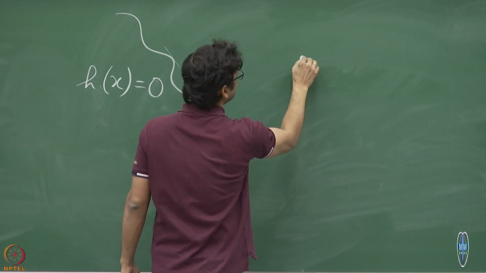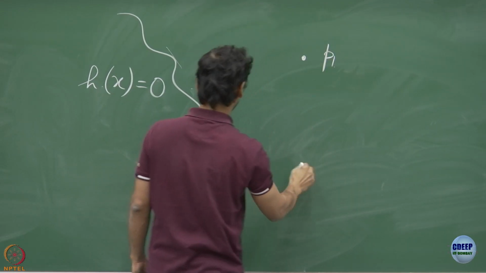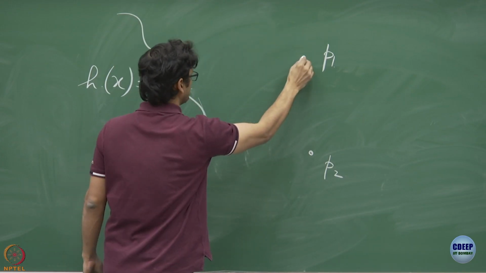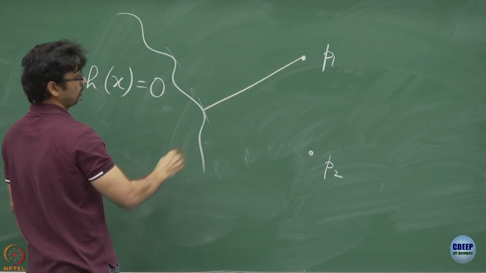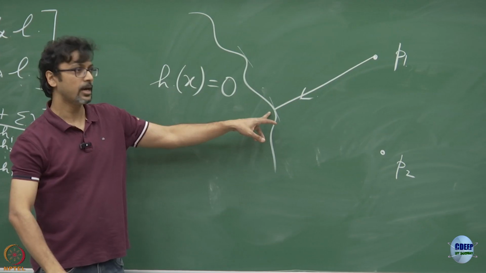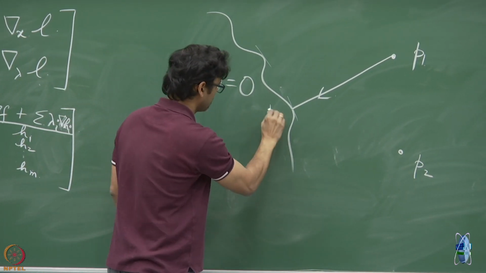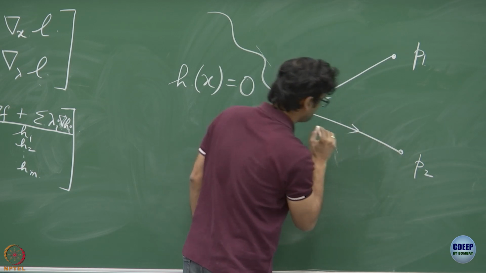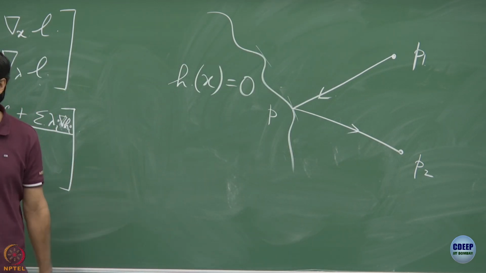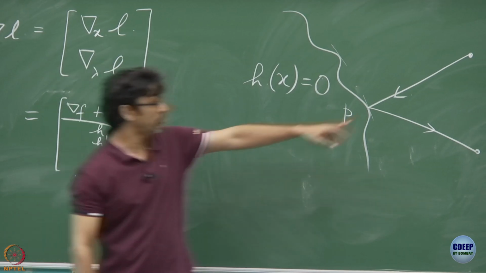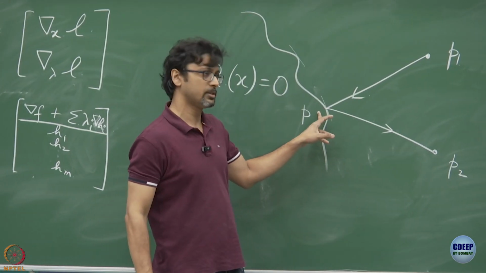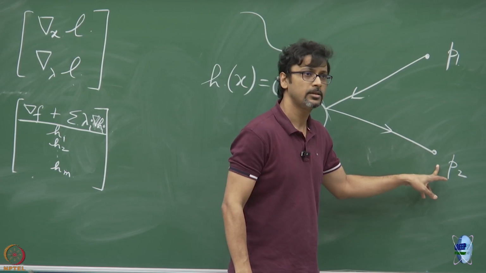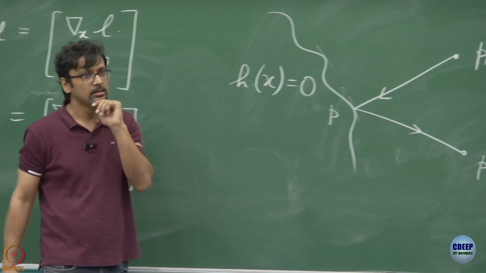Suppose there's a point here which is P1, and there's another point here which is P2, and suppose a beam of light hits this curve here at this point, which is say P, and then bounces back to the observer at P2. So the source of light is here, gets reflected off this point P and comes back to the observer here, right? So what is the total path length?